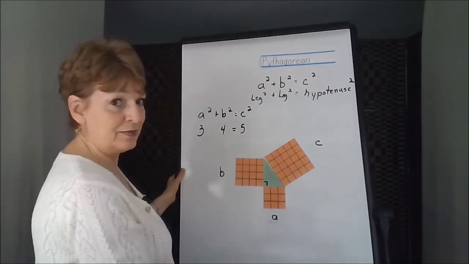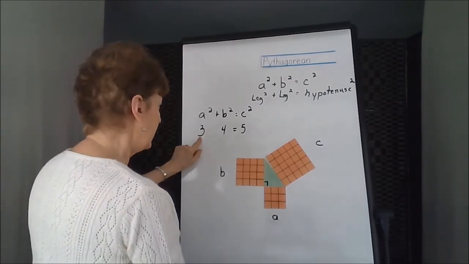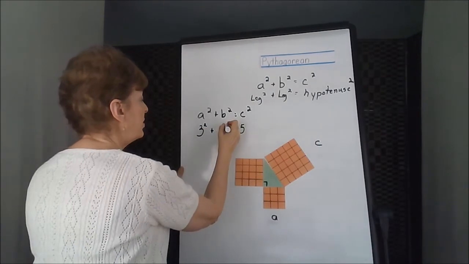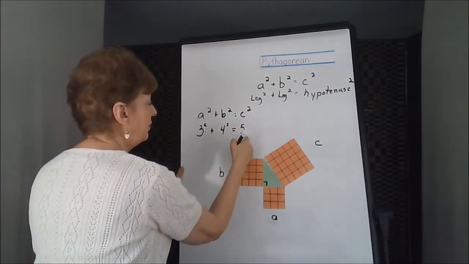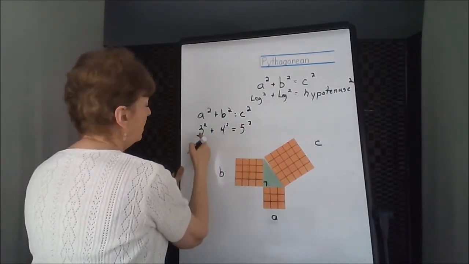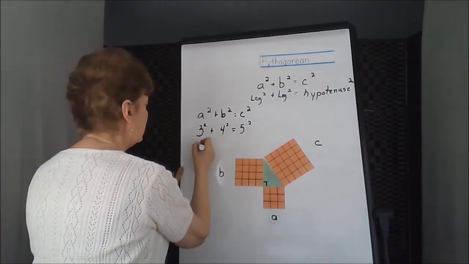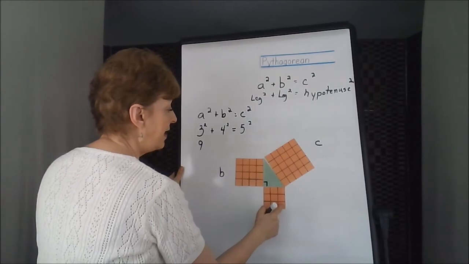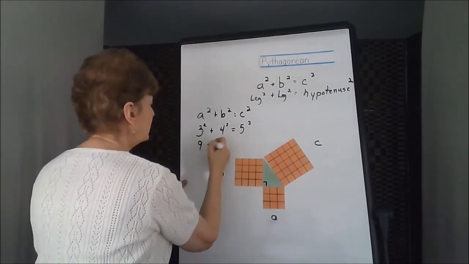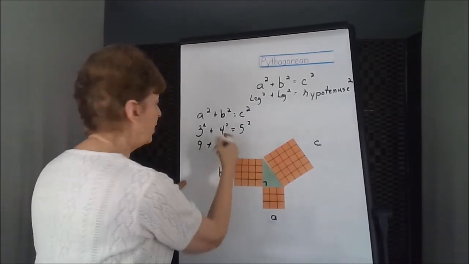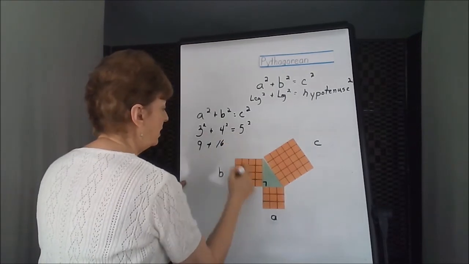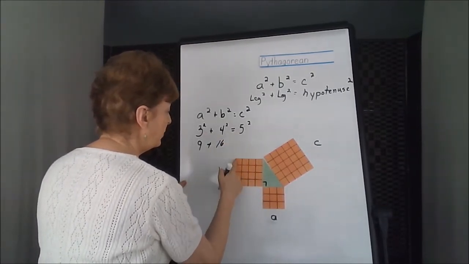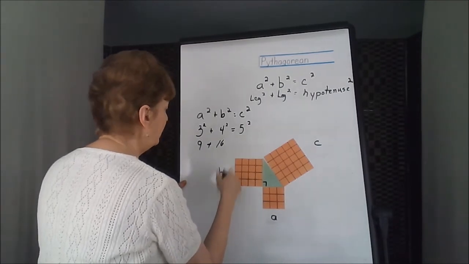So now let's see if that works. 3 squared plus 4 squared is equal to 5 squared. 3 times 3 is 9. Plus 4 squared, 4 times 4 is 16.